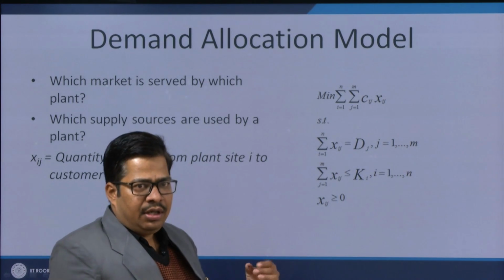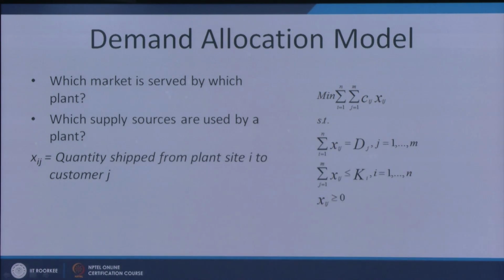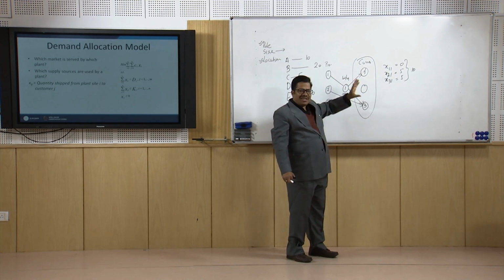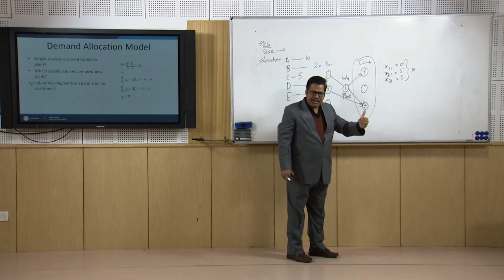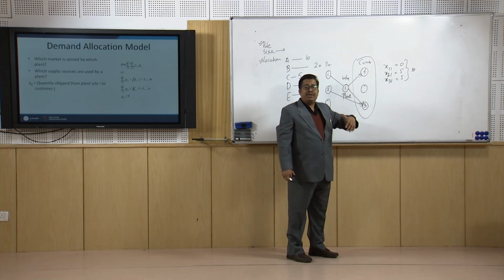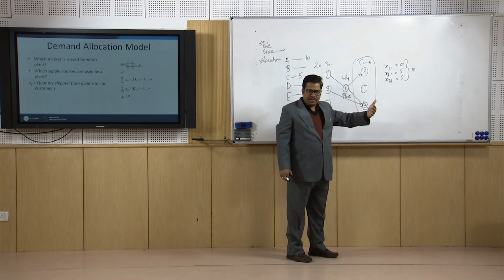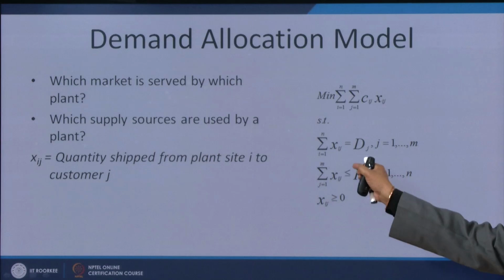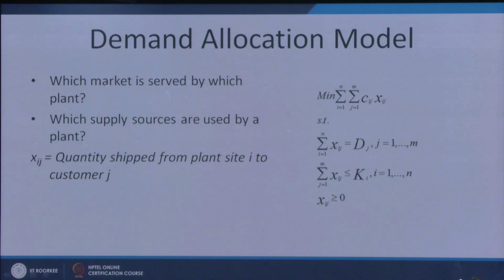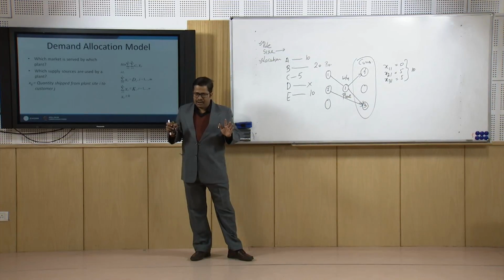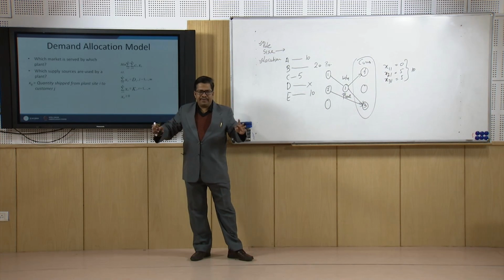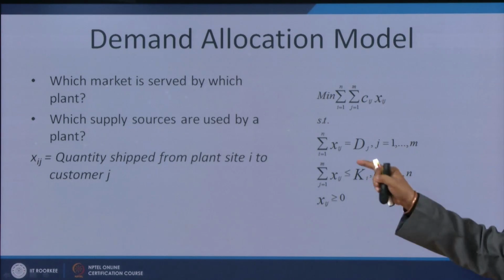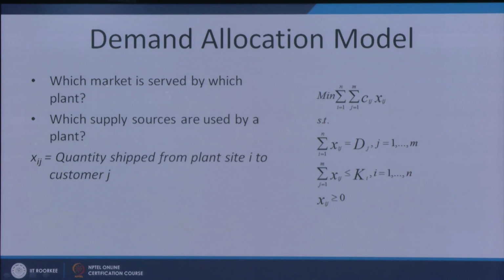In that case, if the first destination requires 10 units, you can supply 8 units, 9 units, 7 units, but you cannot supply more than 10 units. That signifies what we are assuming in this model, that we are fulfilling 100% of the demand. We will configure our model in such a fashion that we will be able to fulfill the 100% demand of a particular destination.